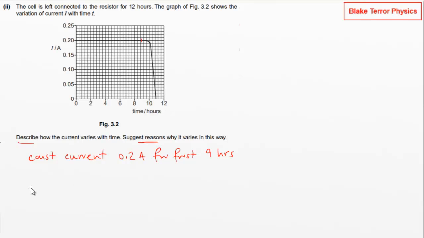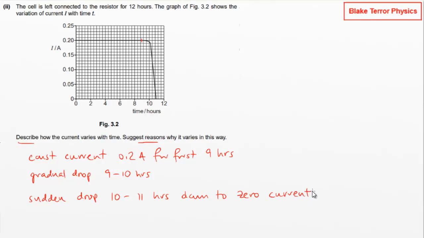You could then say we've got a sort of gradual drop from 9 to 10 hours, and then a very sudden drop from 10 to 11 hours down to zero current. So that's just describing the variation with time, but now we want to suggest reasons for why this is happening.